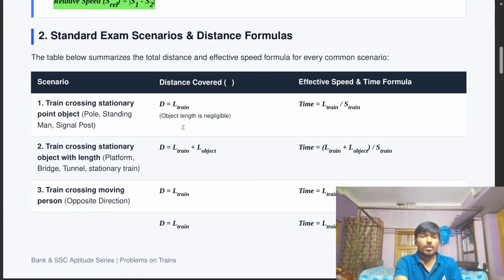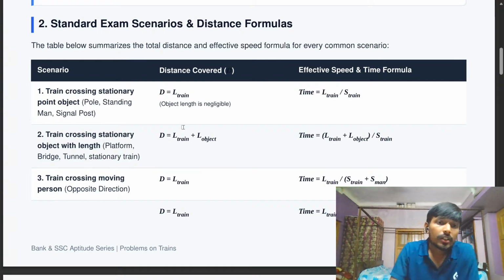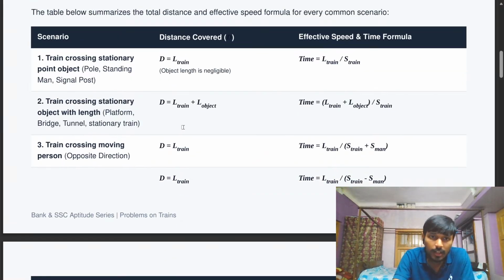Now we are moving to the next part, standard exam scenarios and distance formulas. So this is a table. I have made this table for you so that you can easily memorize or understand every single thing. Now, train crossing a stationary point object like a pole, standing man, single post.